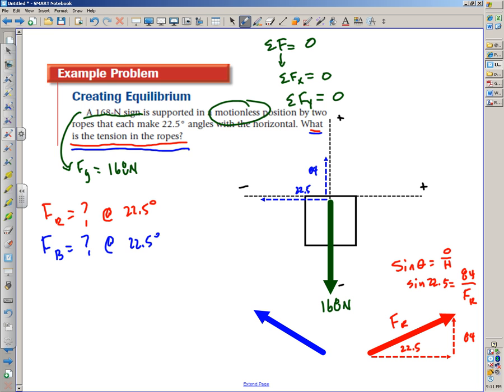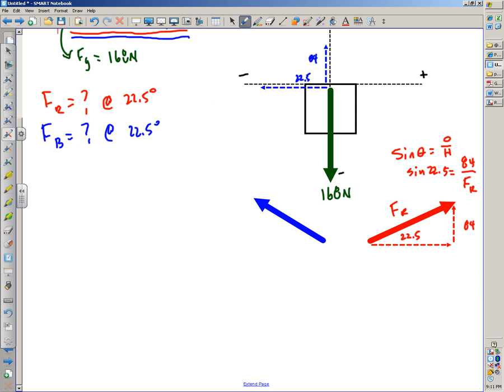Okay? Sine of 22.5 is a number. You plug it into your calculator, and it turns out to be 0.383. So, if we take this from here and take it down here, 0.383 is equal to 84 newtons over f of r.